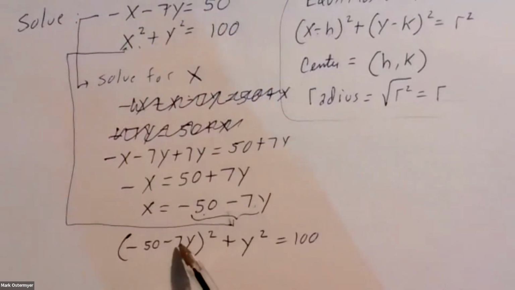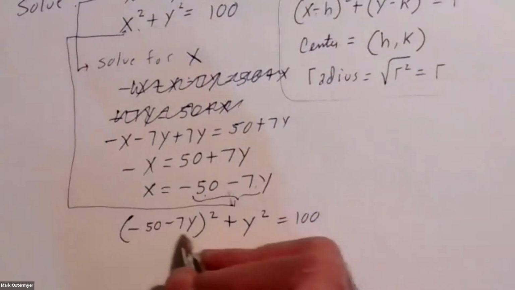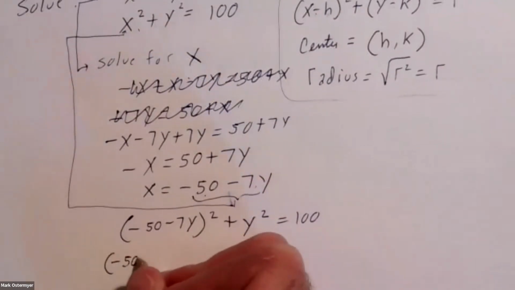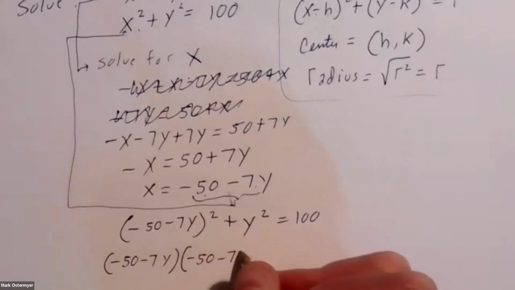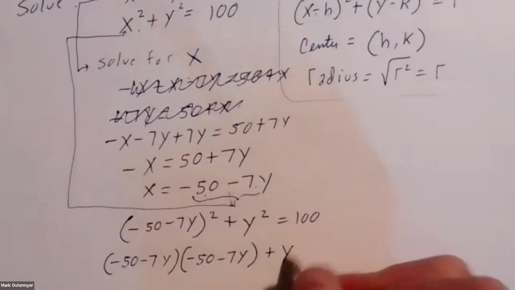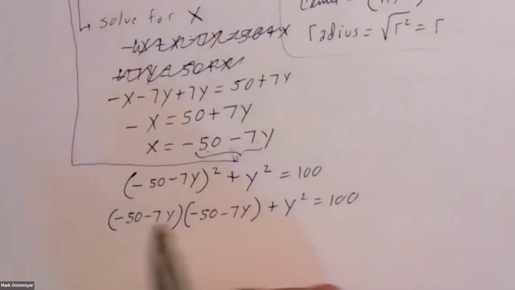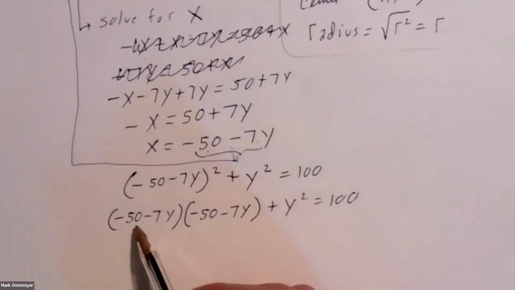Now, having done that, the second equation collapses down to an equation involving only y, and then I'm going to solve for y. So I'm going to have to FOIL this out: -50 minus 7y times itself. Of course, we're going to use our FOIL algorithm to multiply that out. I'm not going to go through the elementary details because we've been FOILing out binomials for a long time now.